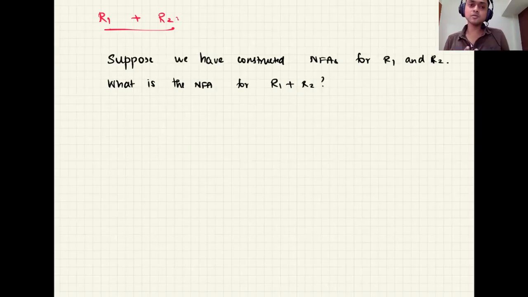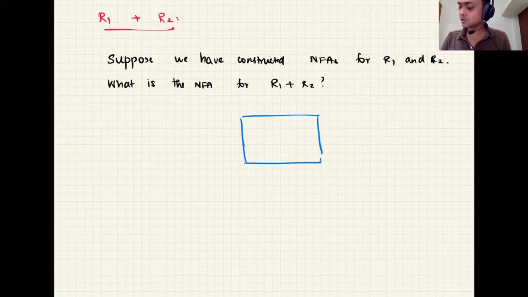This is where we will make use of the fact that there are multiple initial states. Suppose this is the NFA for R1, call it N1. It will have some number of initial states and some final states.